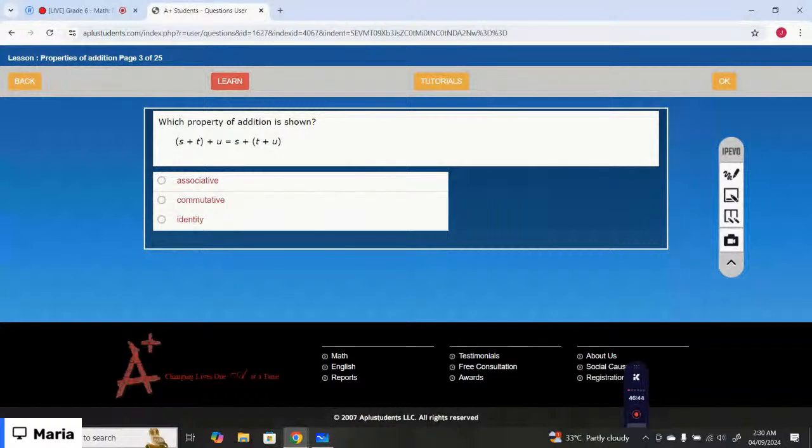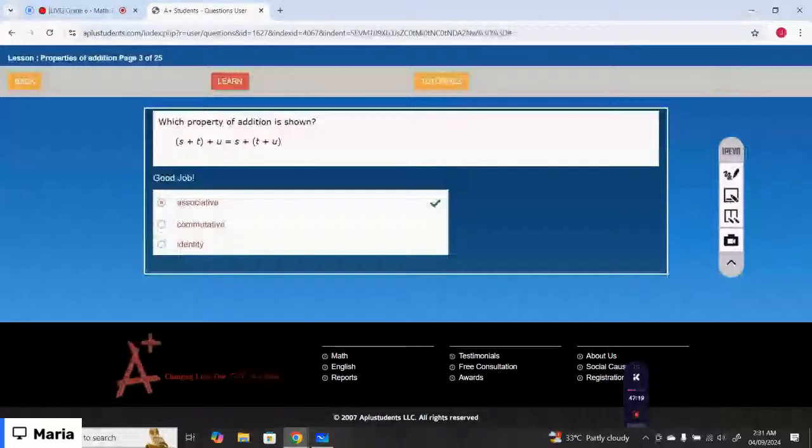That is the associative property, right? When you have three numbers involved in the addition, the numbers are exactly the same, just the grouping of addition is different. That is known as the associative property, right?